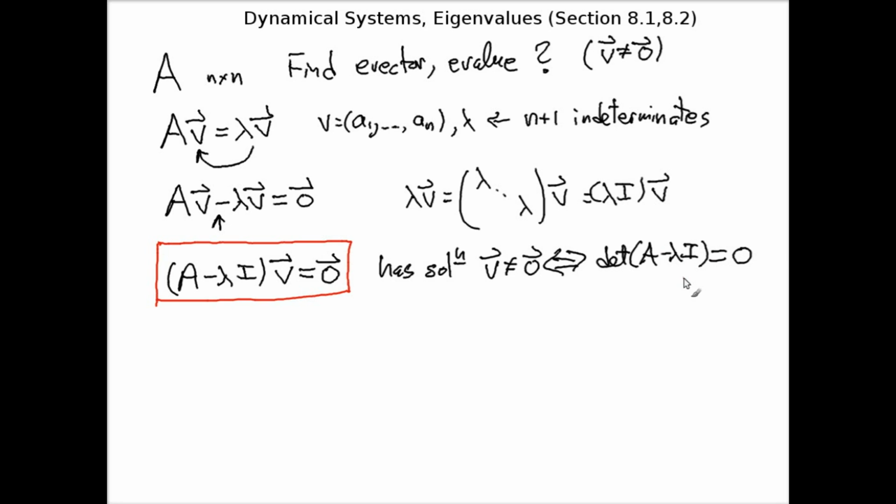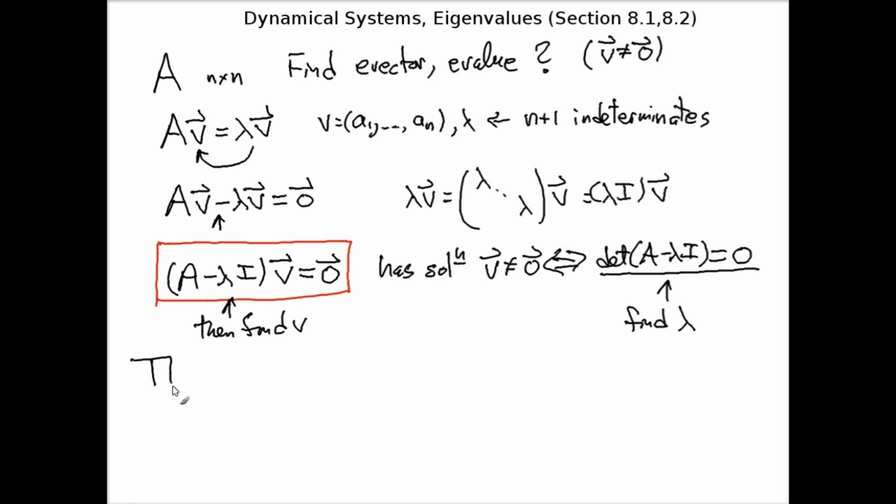That's our condition for it to be singular. And so this tells me how to find lambda. Solve this equation for lambda. V has nothing to do with it. This is just an equation for lambda. Then once you find lambda, plug that back in here, and then find V.